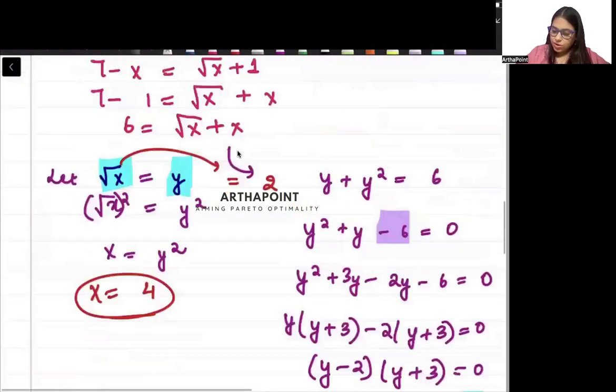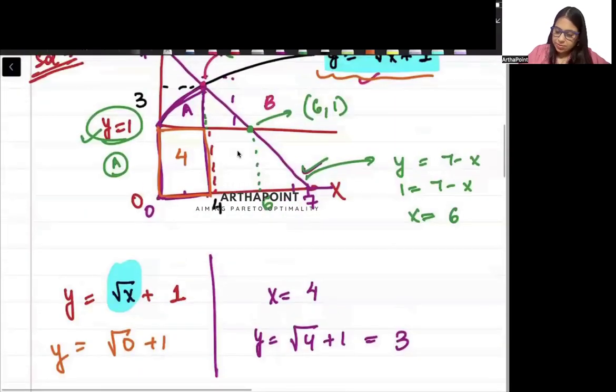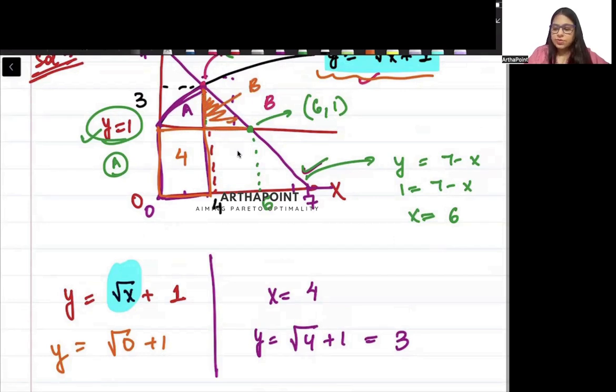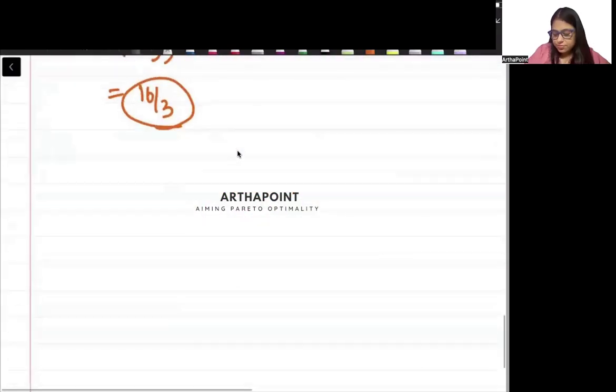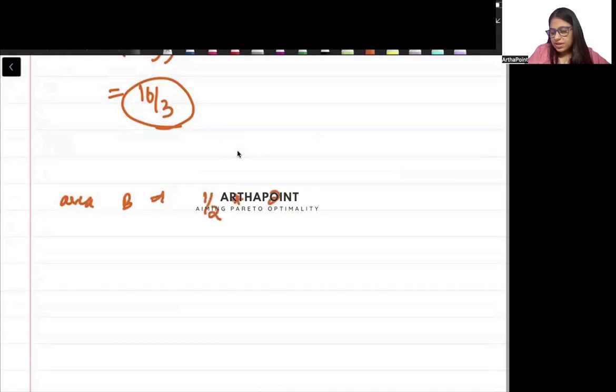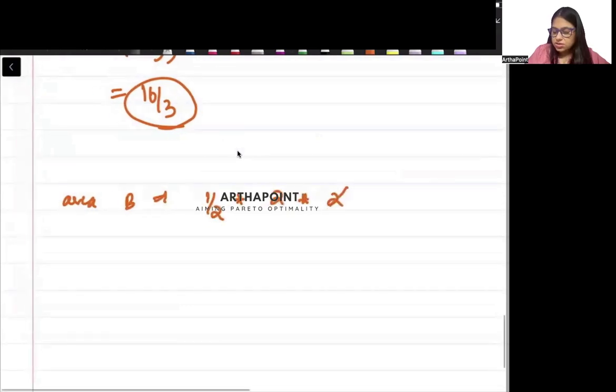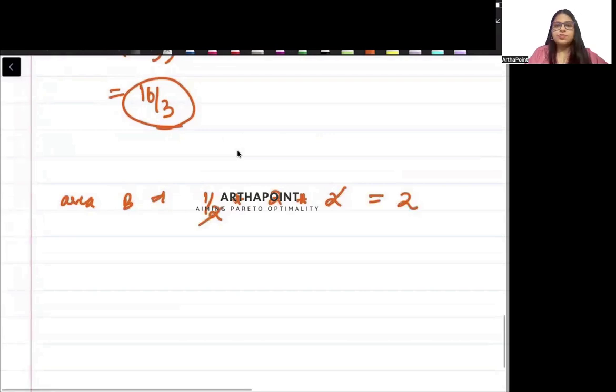Okay. Now let's talk about the next area. This is area B. This is just a triangle. So half into base into height. What is the base? 2. This is 6 and this is 4, so 2. What is the height? This is 3, this is 1, so 2. So what will be the area of B? Half into base into height, which is 2.